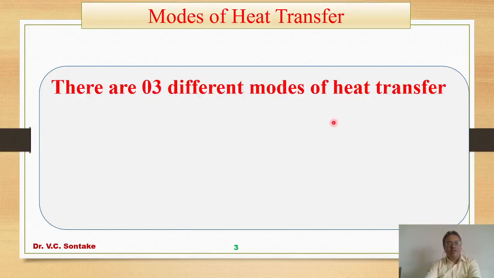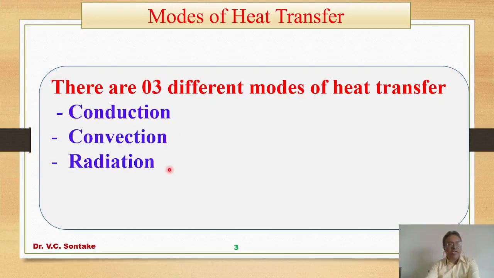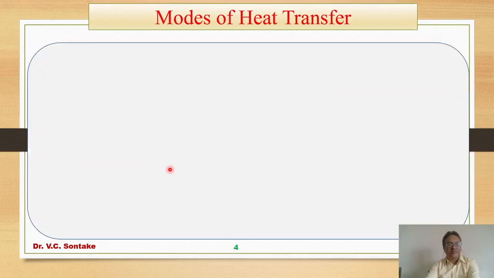There are three different modes of heat transfer by which heat can transfer from one part of the system to another part, or between two different systems, if a temperature gradient exists between them. These three modes of heat transfer are conduction, convection, and radiation.